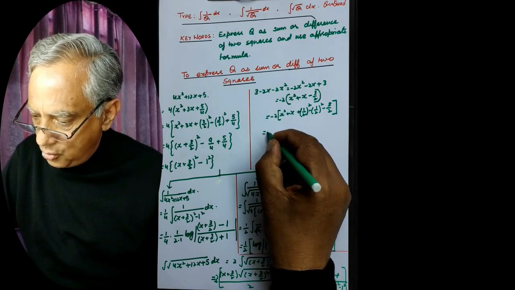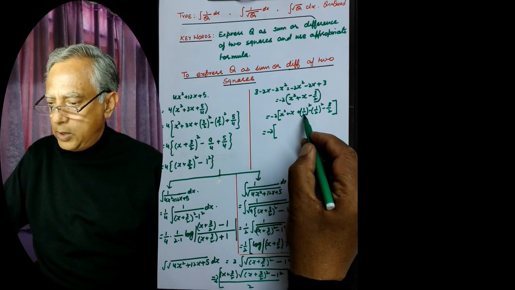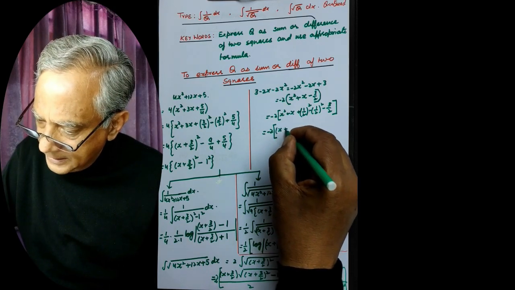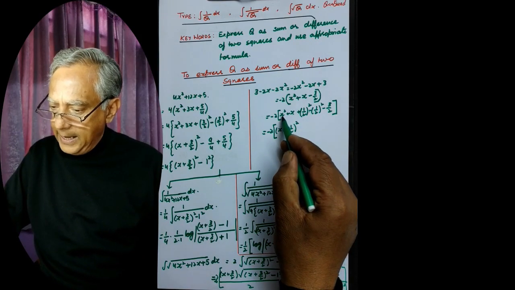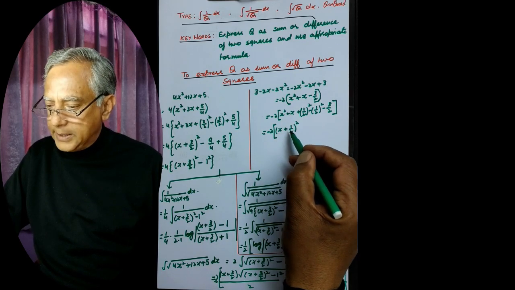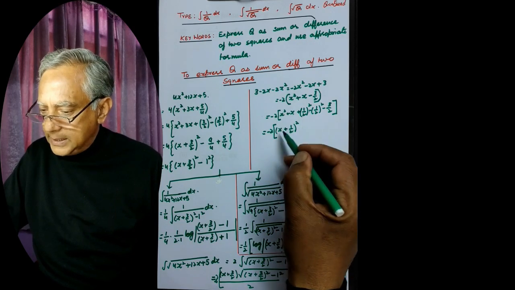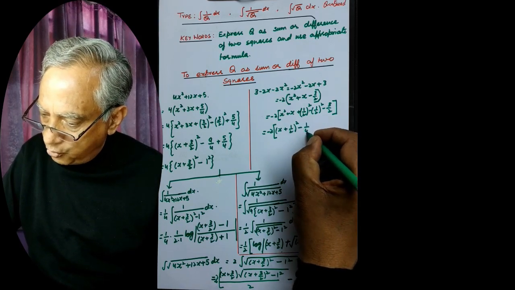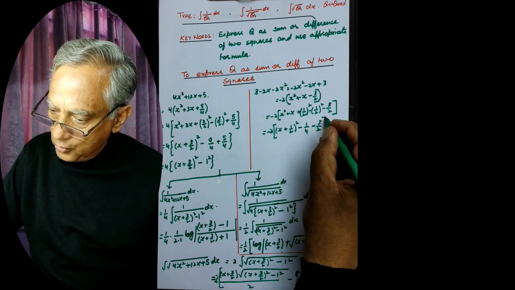So this is equal to minus 2 into, now this is a square plus 2ab plus b square, so a is x and b is 1 by 2. If we expand this, we get x square plus 2ab, where 2ab is x, 2 into x into half, plus b square. So this is x plus half whole square. And simplify this: it will be minus 1 by 4 minus 3 by 2.